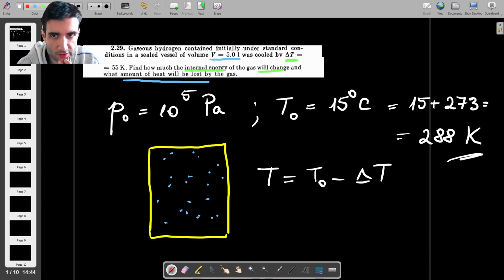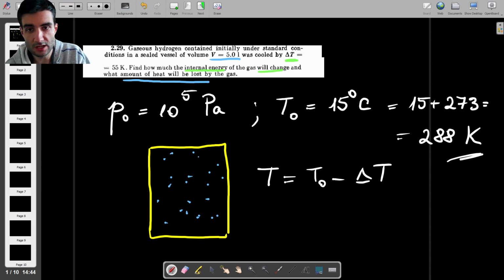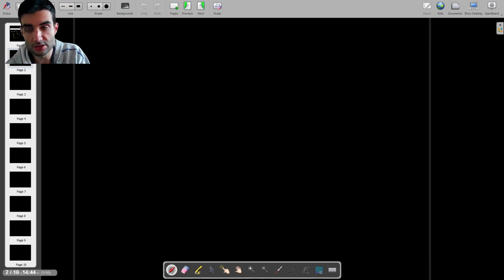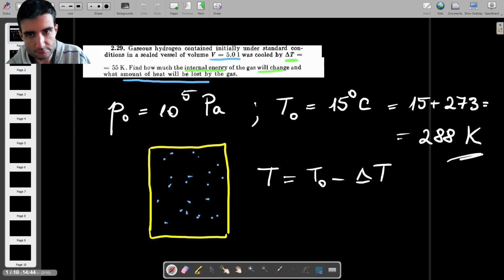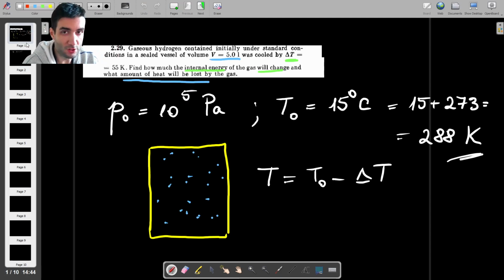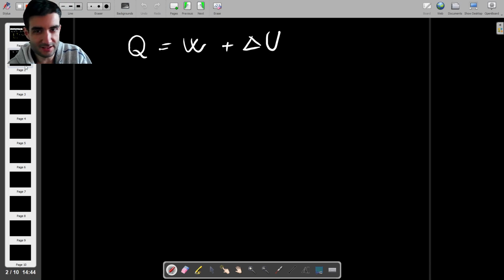So let's try to find the answer to the first question, which is how much the internal energy changes. Using the first law of thermodynamics, we have Q is equal to W plus delta U. Now, this is a rigid container, right? Which means the gas doesn't do any work.